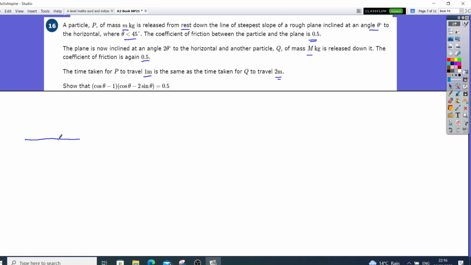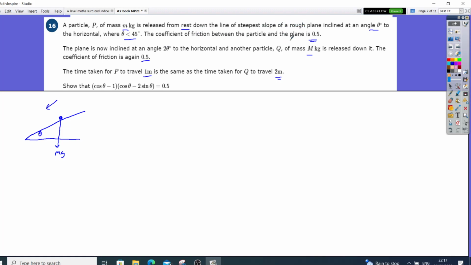This is the horizontal, and the plane is inclined at theta, and there's the particle P, and it comes down here with mass m, so that's mg. It's released from rest, coming down this way.